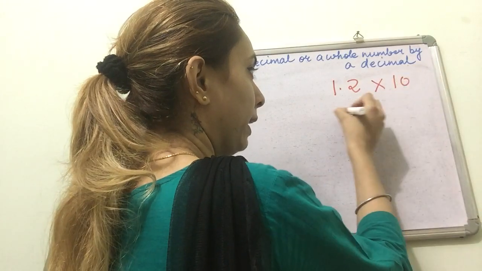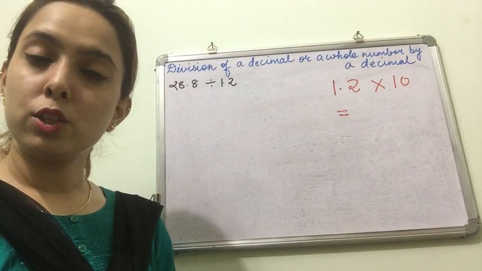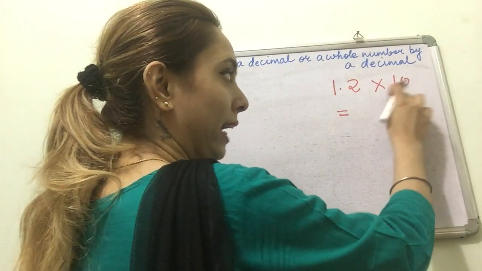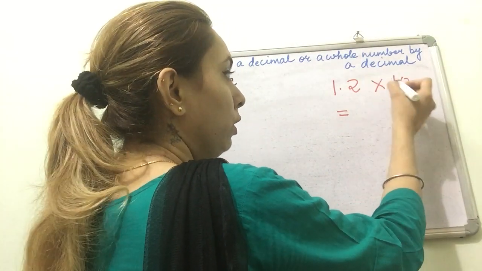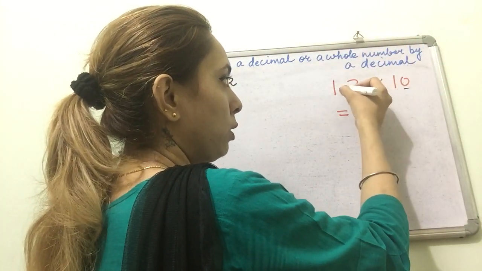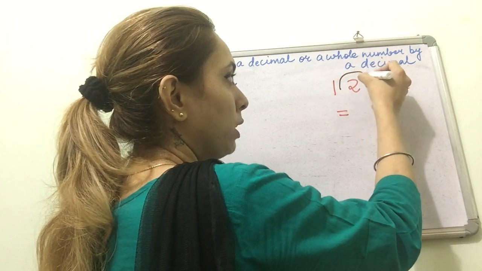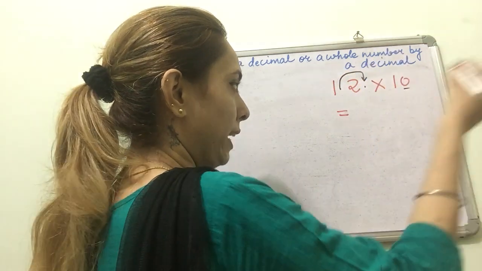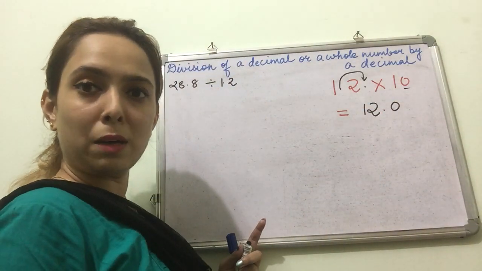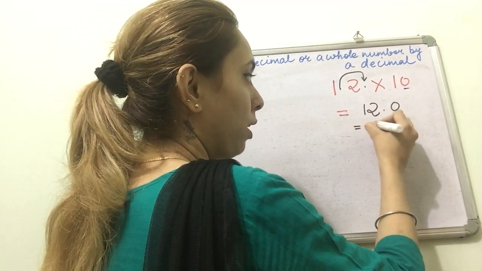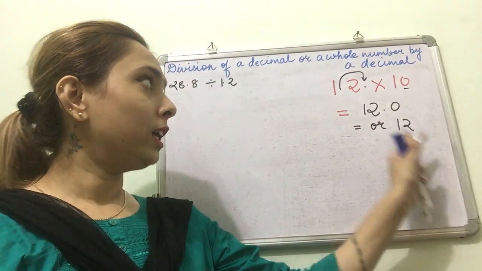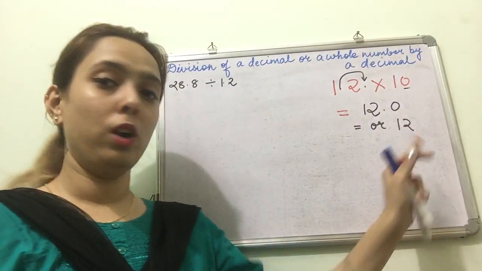As we know, while multiplying by 10, 100 or 1000, we shift the decimal. So here we have 10, 1, 0, so the decimal will be shifted towards the right side. So this number is 12, and you can write this as 12. Now we have converted our divisor into a whole number.